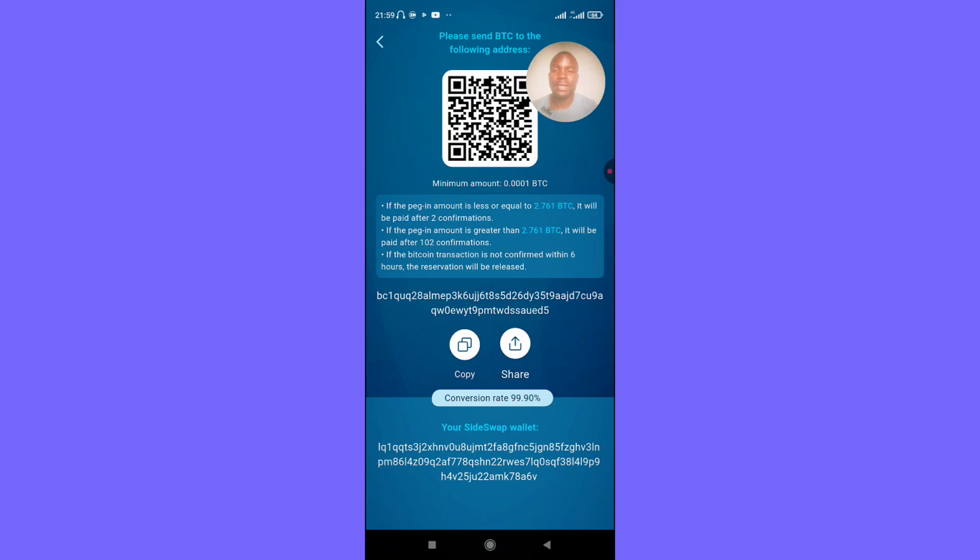So if I had my Bitcoin sitting on OKX or Binance, I'd just click to copy this address, then send directly to the address. Then once it's been received here on Sideswap, it will be automatically converted to L-BTC, the liquid Bitcoin. So that's simply what's going to happen here. Because I have some BTC, let's go and do it live here.